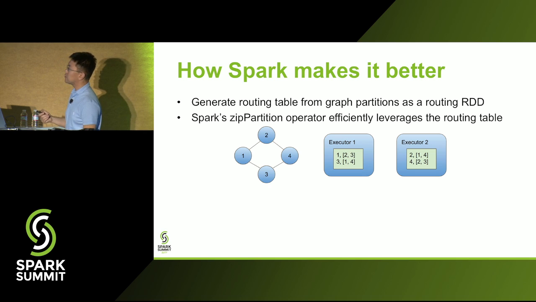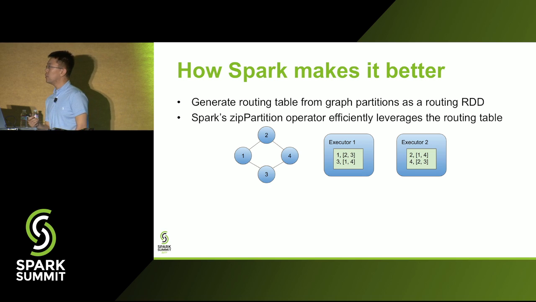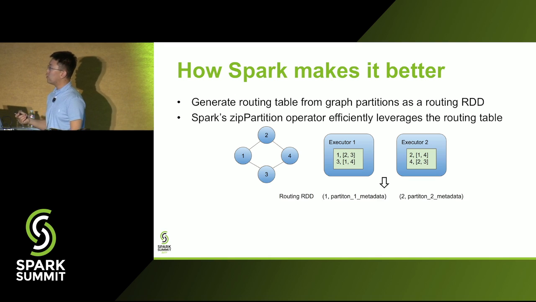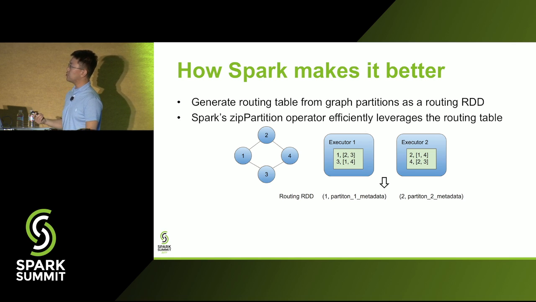Taking the same graph from the previous example, where it is partitioned into 2 partitions and stored in 2 different executors, when we are partitioning the graph and storing the graph partitions in the executors, we also generate a routing RDD from the graph partitions.